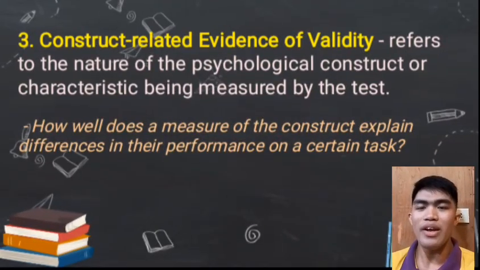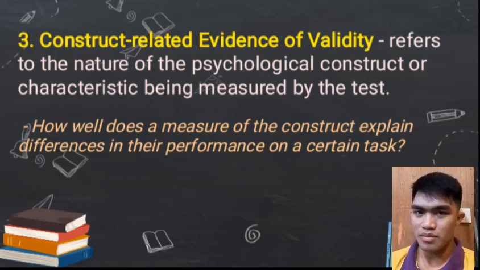And the last one, we have construct-related evidence of validity. It refers to the nature of the psychological construct or characteristic being measured by the test.